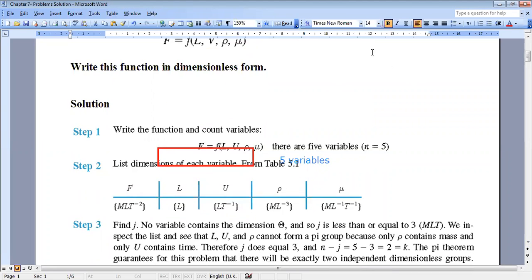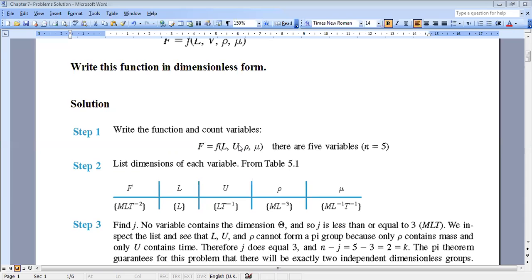To start with the force, you can work in MLT or in FLT. If you remember, in the first chapters we introduced the idea of dimensions, and we said that we can work in the FLT system or the MLT system. It's up to you. You can choose what you want.